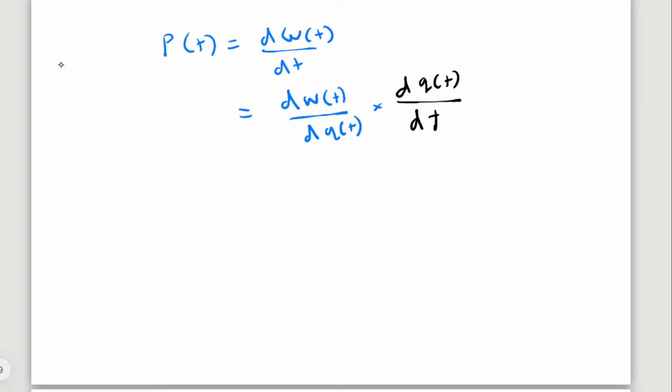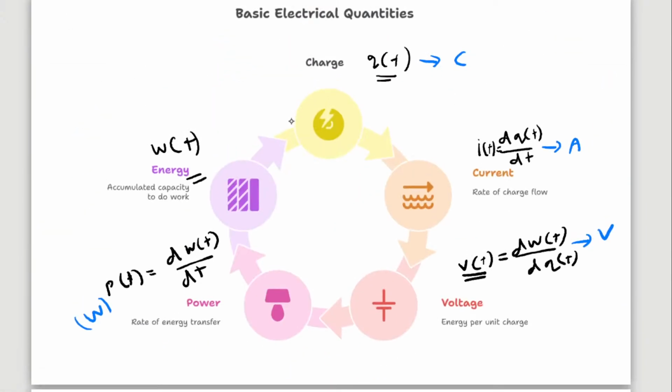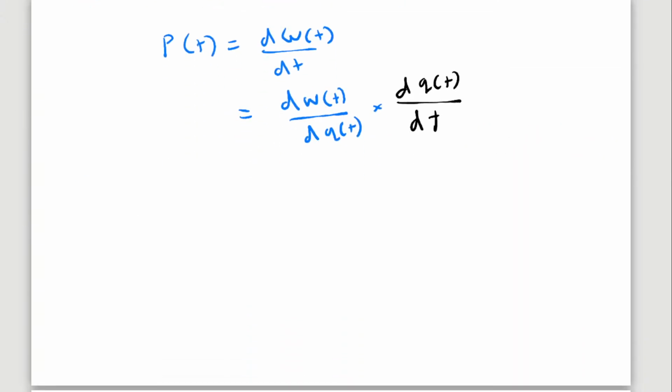From the earlier definitions, dq by dt is i of t, and dw by dq is v of t. By substituting this, p of t is v of t into i of t.